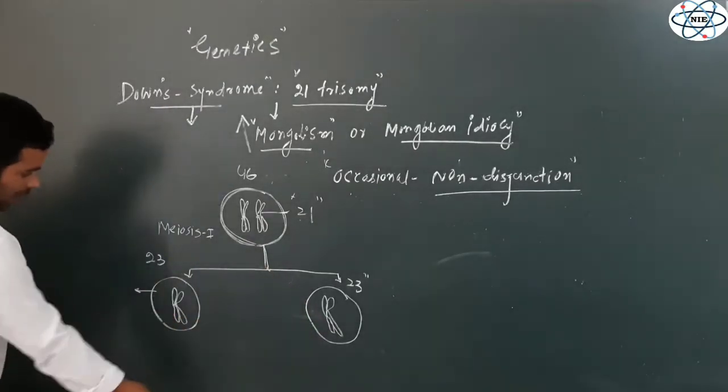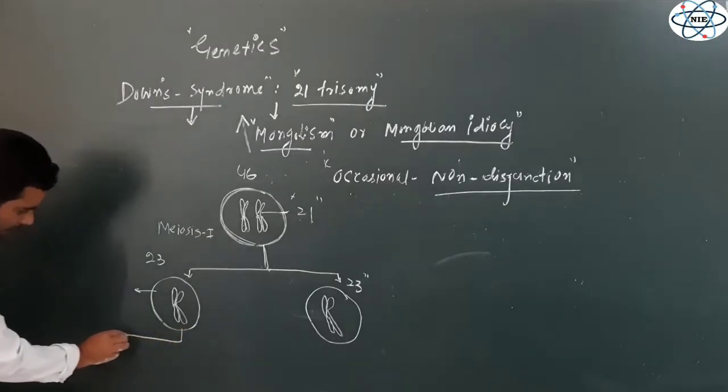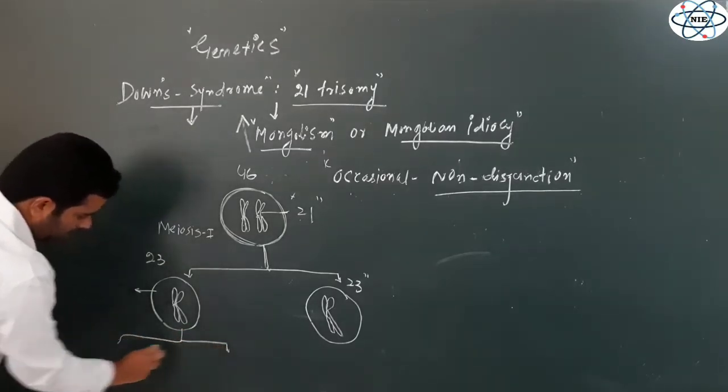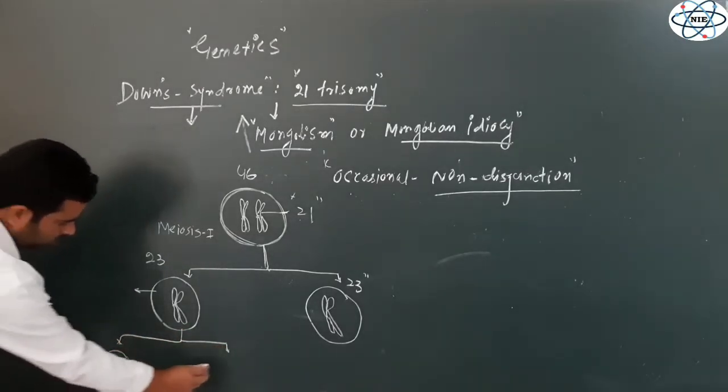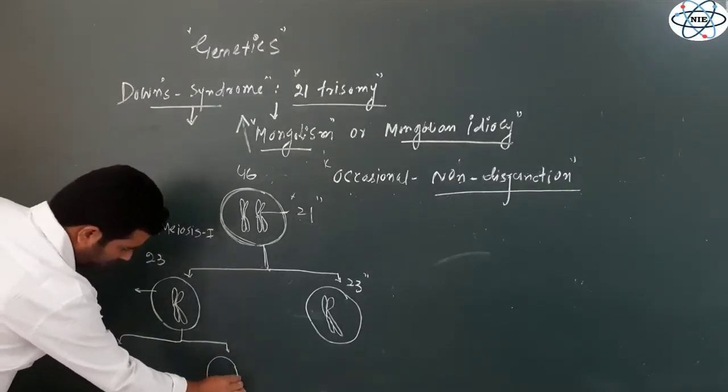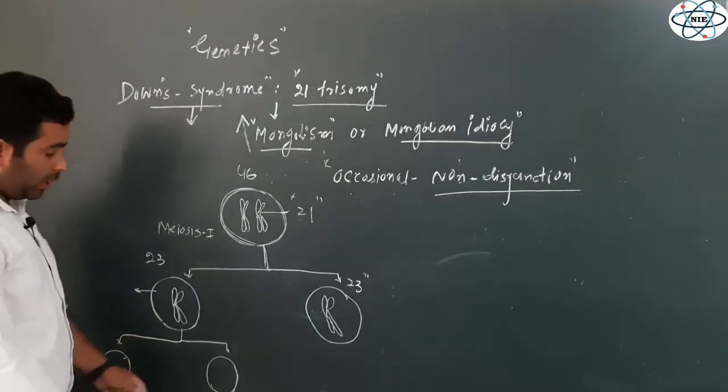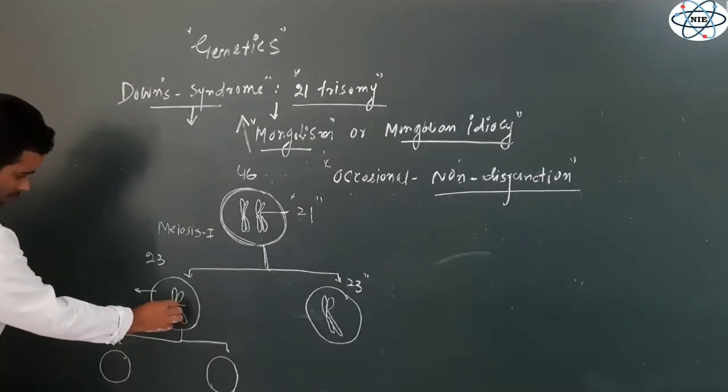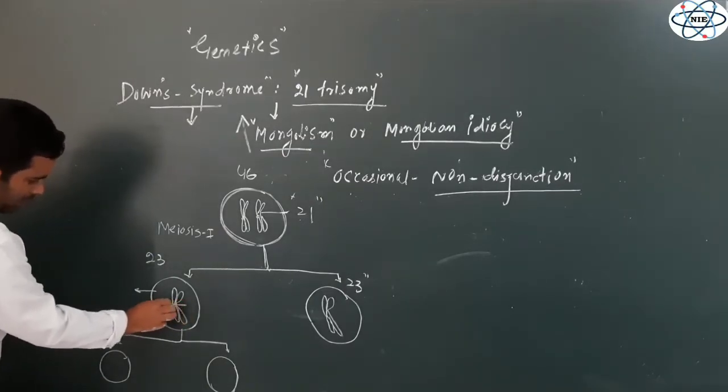Now if they divide further, each cell will divide in meiosis second and give rise to further cells. Again there is no problem because this is normal division, and here the chromatids separate from each other.